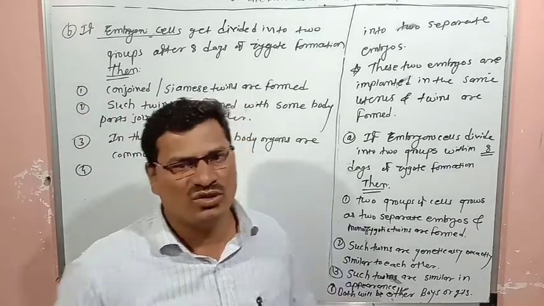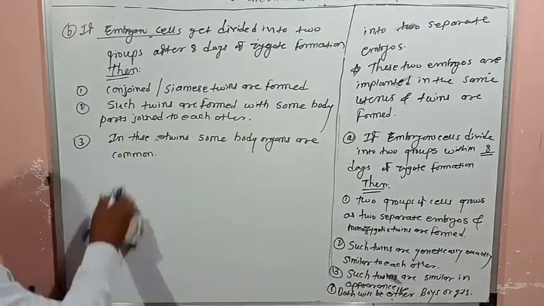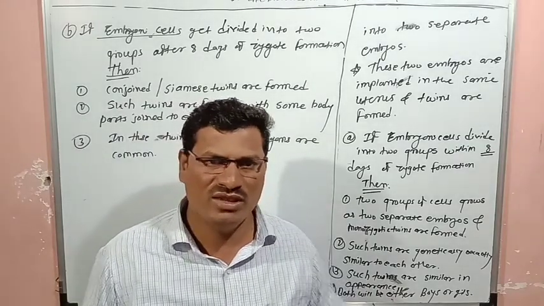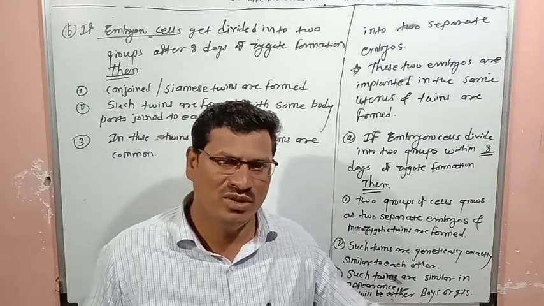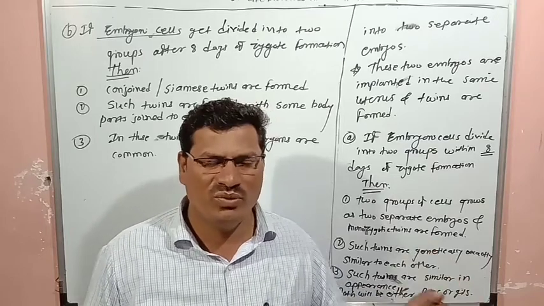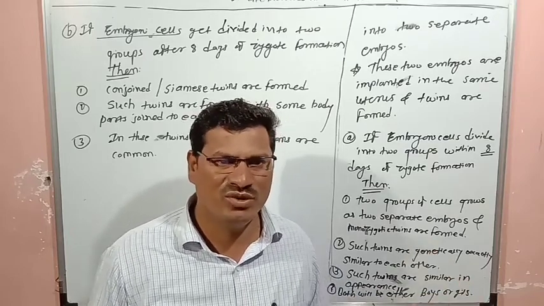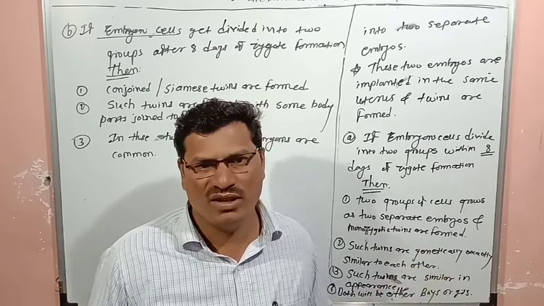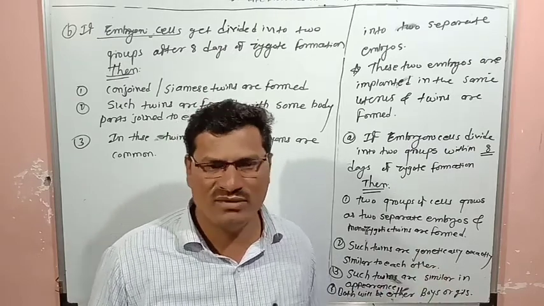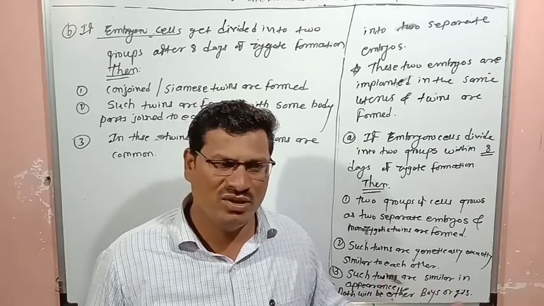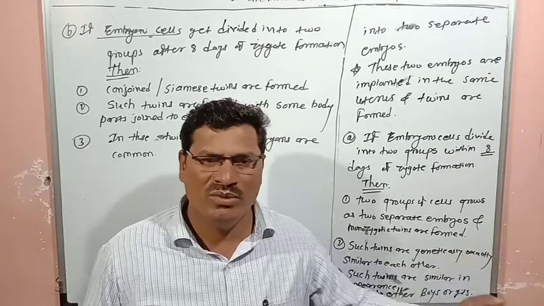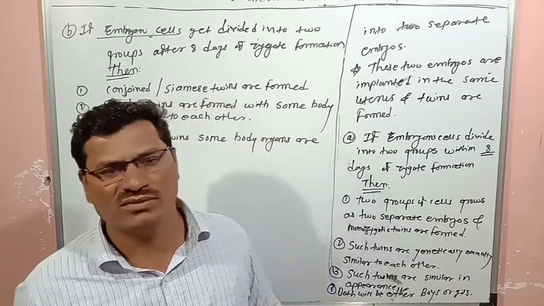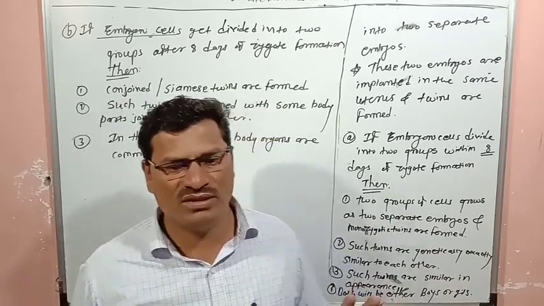Okay, so these are the points related to the monozygotic twins. If embryonic cells get divided into two groups within 8 days of zygote formation, then twins are formed, genetically similar, either boys or girls, similar in appearance, and the gender is also similar.